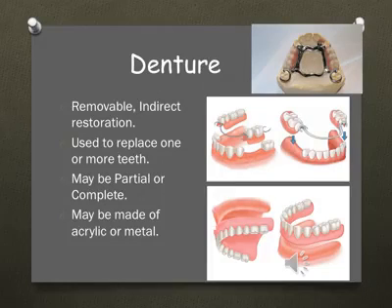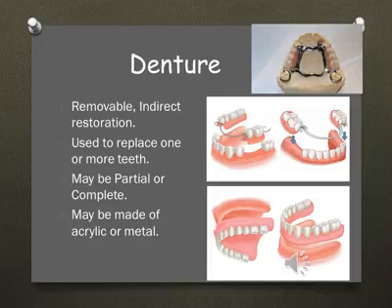Partial dentures are mostly fabricated with the help of acrylic, or sometimes metals like cobalt, chromium or nickel are used, whereas complete dentures are also made up of acrylic and sometimes acrylic and metal together.